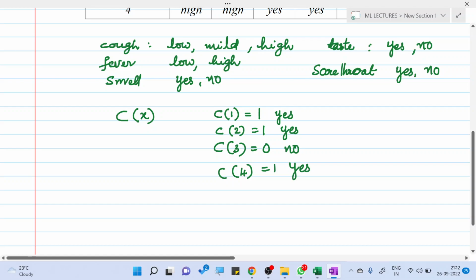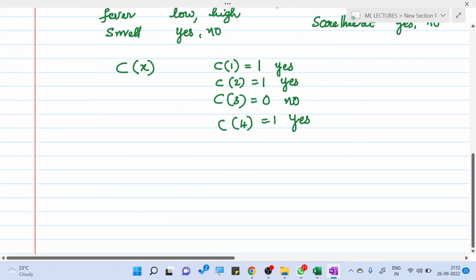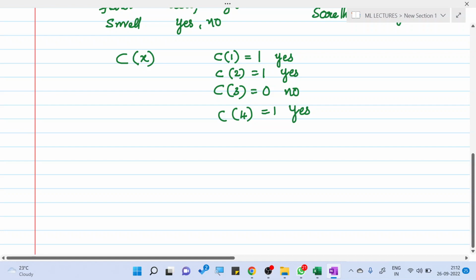Wherever it is 1 or yes, we call them positive training examples. And wherever the data is negative, we call that a negative training example.